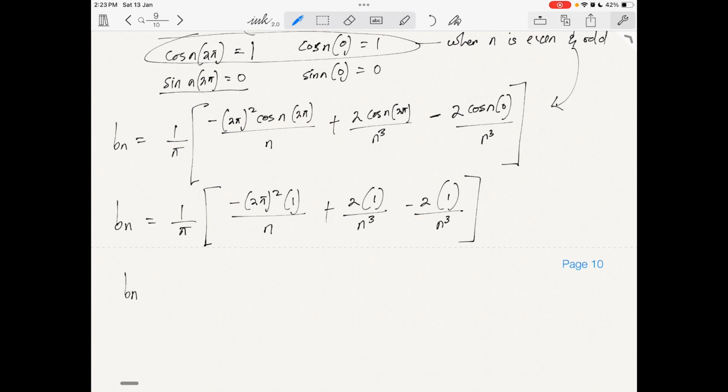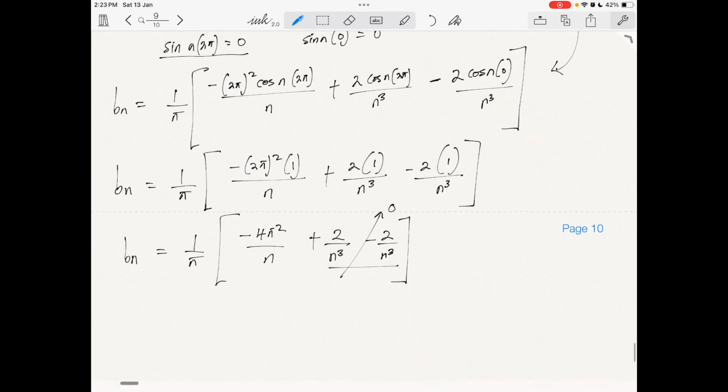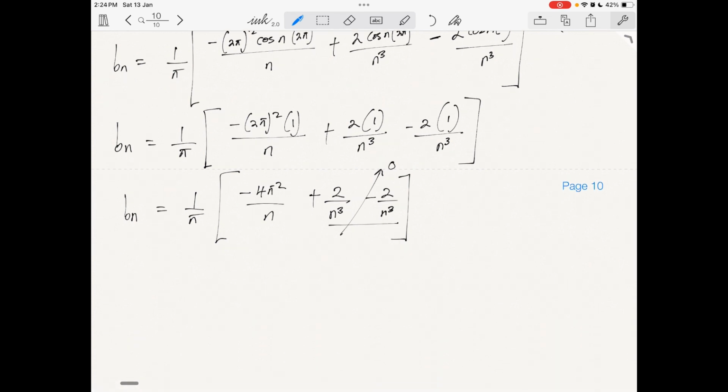So this gives us Bn is equal to 1 over pi of minus 4 pi squared over n plus 2 over n cube minus 2 over n cube. 2 over n cube minus 2 over n cube is equal to 0. So in essence, Bn is equal to 1 over pi multiplied by minus 4 pi squared over n, and Bn is equal to minus 4 pi over n.